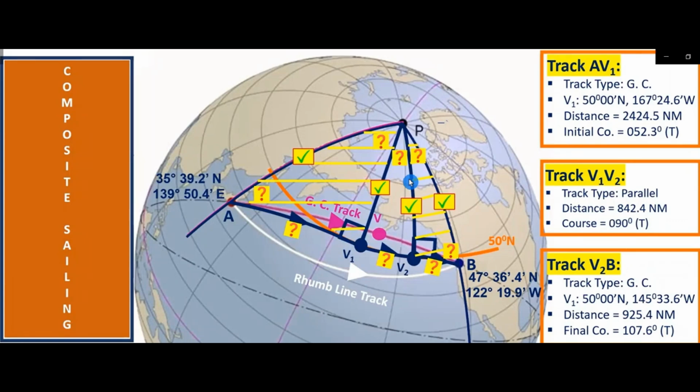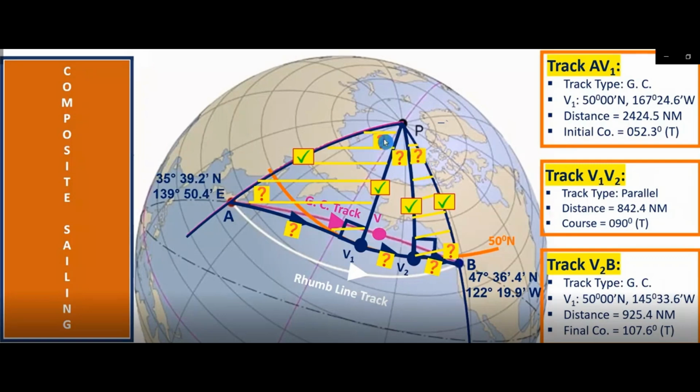Yes sir. Now we have calculated this small angle P in the first triangle using Napier's rule. We had also calculated this small angle P in the third triangle using Napier's rule.